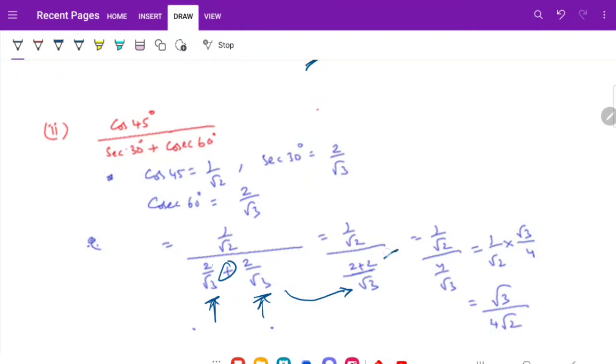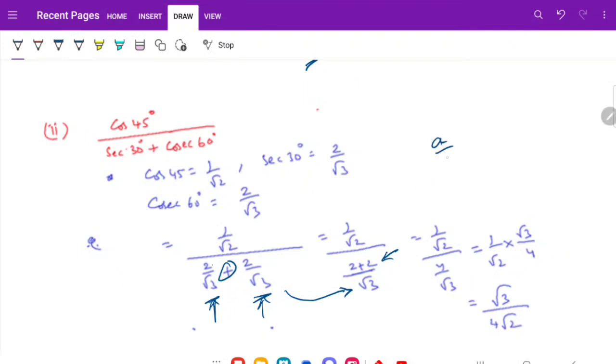Here you are having 4 by root 3. So when you remove this divide, and convert it to multiplication, the denominator value we have to take as reciprocal. So 4 by root 3 becomes root 3 by 4 when we take multiply instead of the divide. Here we have to remember one thing.